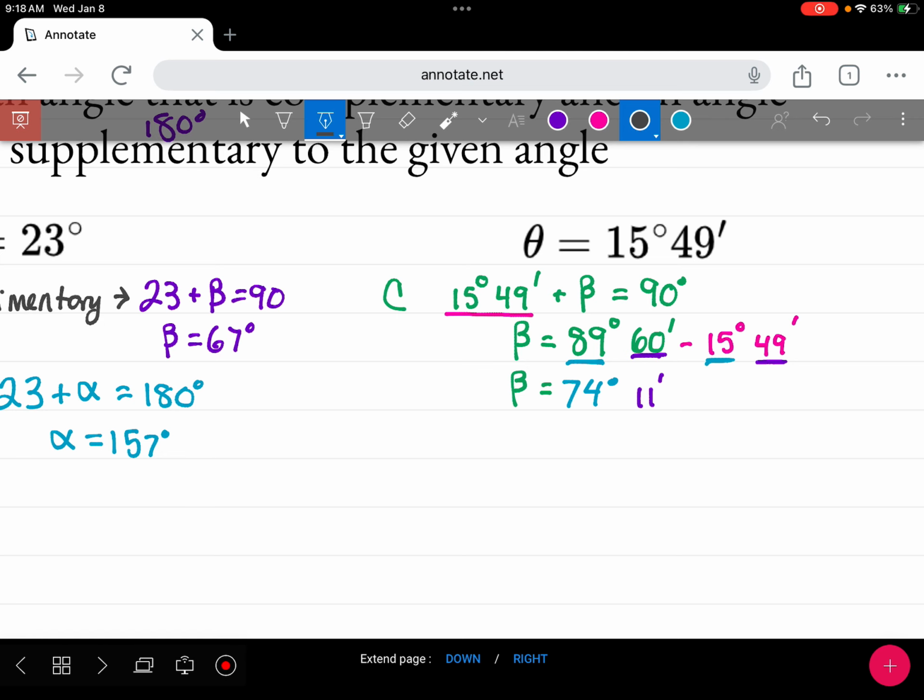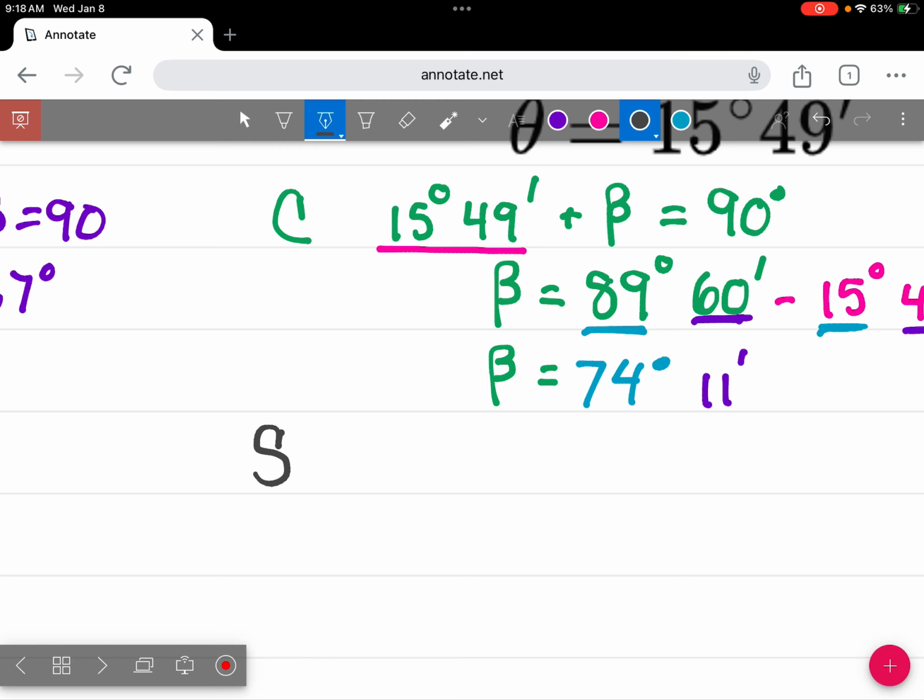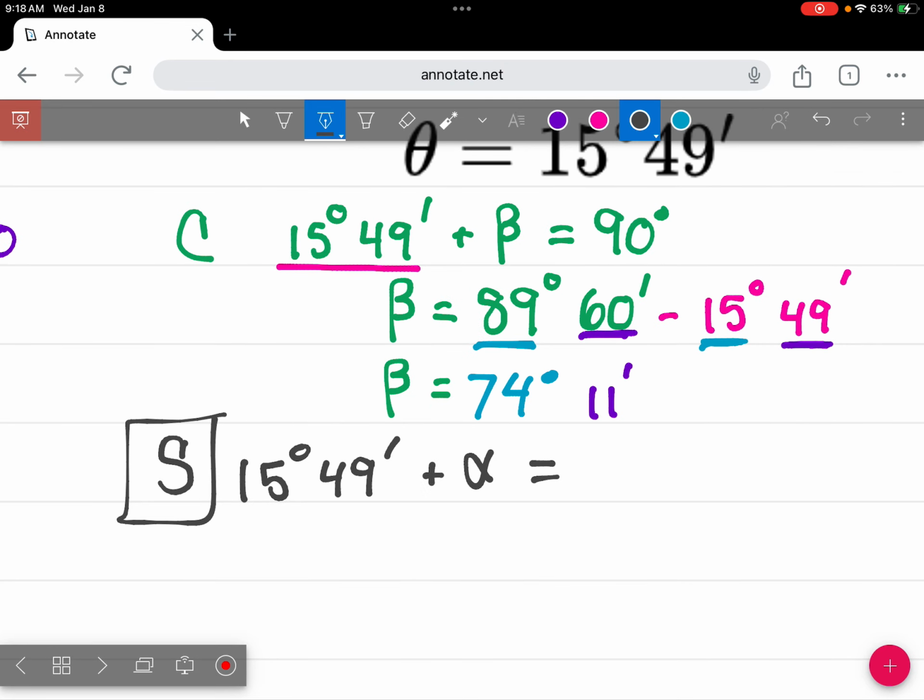So let's do the same thing for our supplementary. We're going to find when our 15 degrees, 49 minutes plus some other angle, I'm just using alpha here, equals our 180. That's what makes it supplementary.